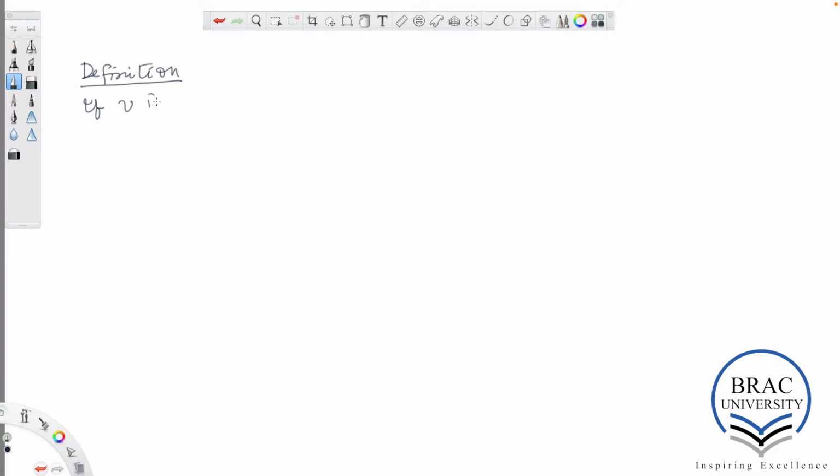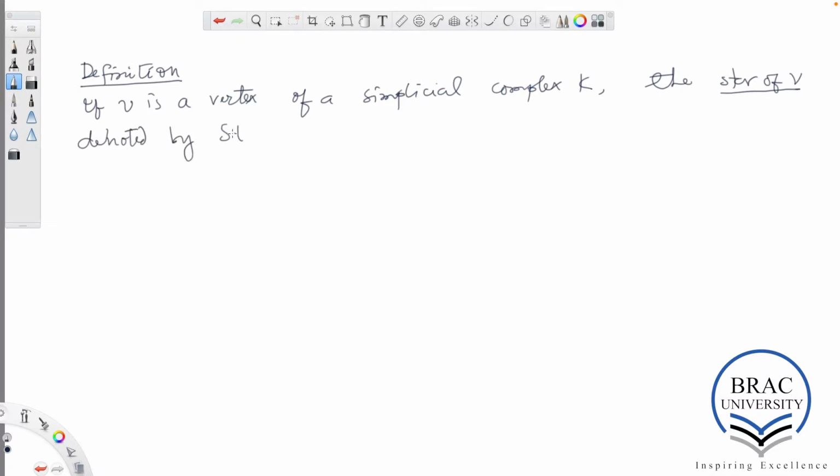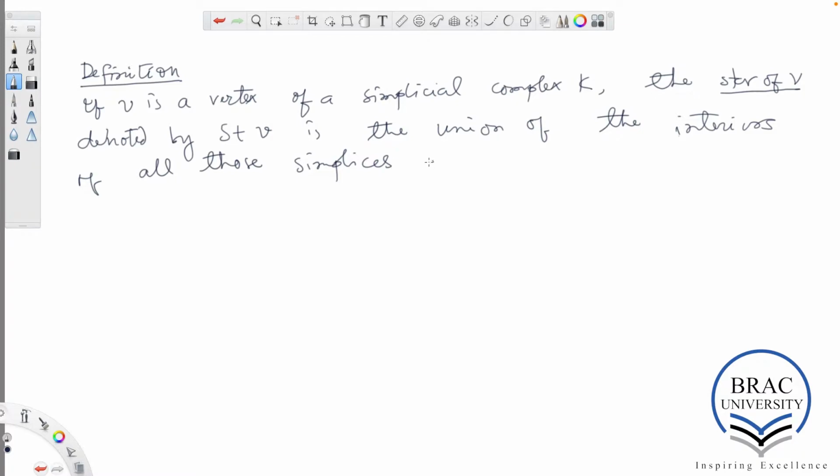If V is a vertex of a simplicial complex K, then the star of V, denoted by St of V, is the union of the interiors of all those simplices of K that have V as a vertex.